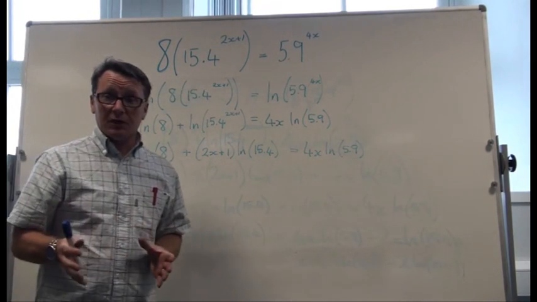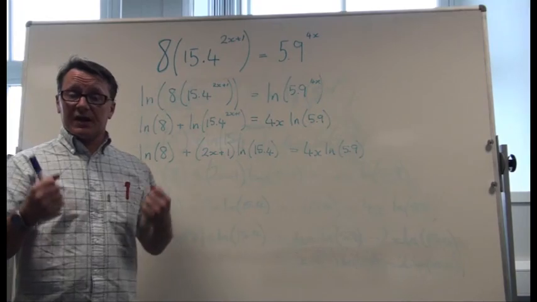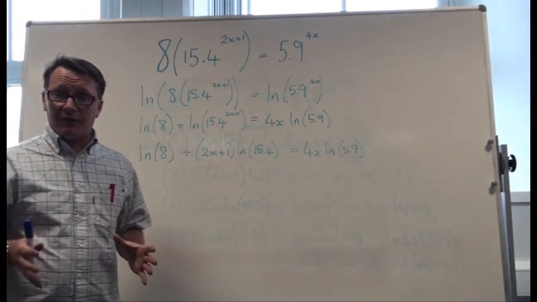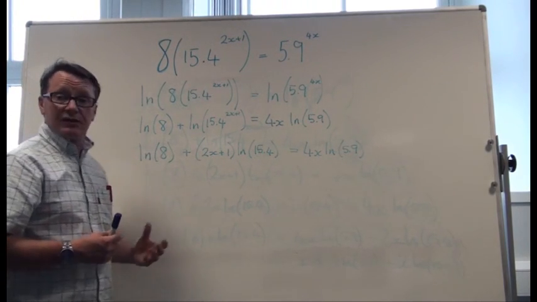And that's the hard bit done really. You've used logs in order to get the unknowns on the same line as all the other values. So now it's just a case of rearranging that equation.